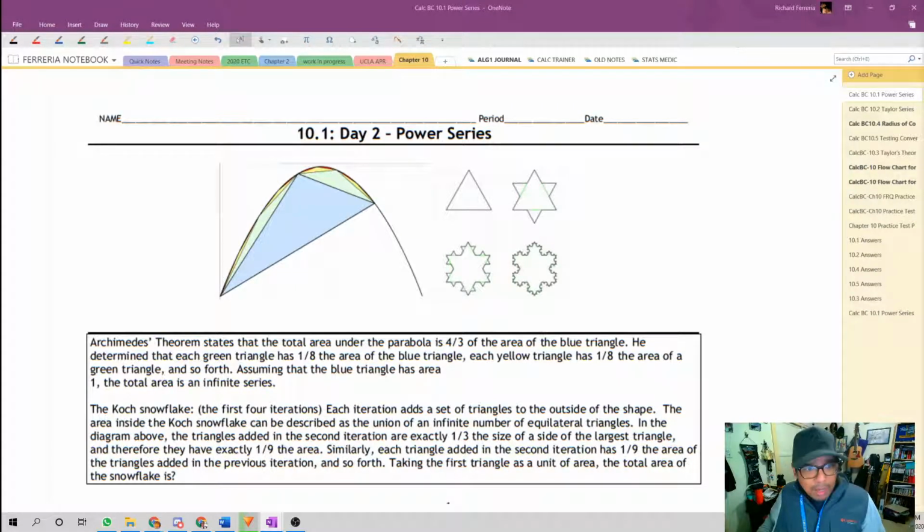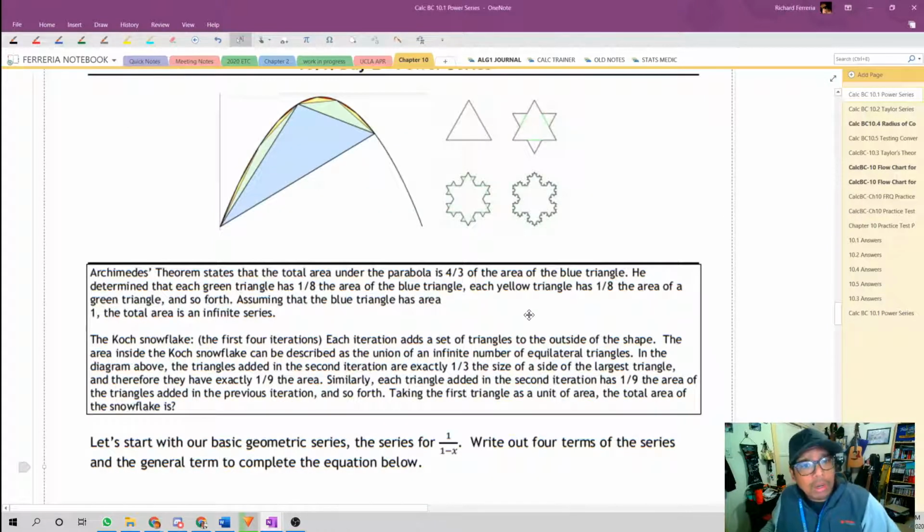Okay, so we have a couple of fractals here, and Archimedes' theorem states that the total area under a parabola is 4/3 the area of the blue triangle. He then determined that each green triangle, you can see over here, has 1/8 the area of the blue triangle. Each yellow triangle is 1/8 the area of the green triangle, and so forth.